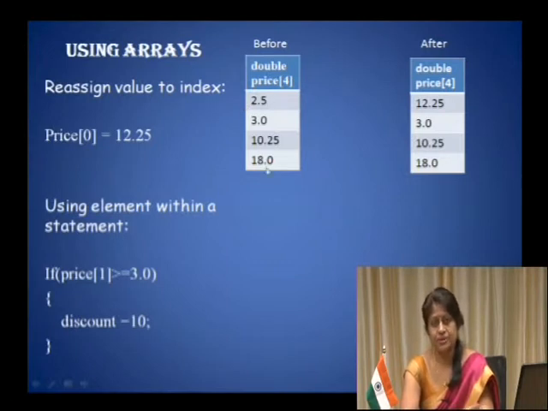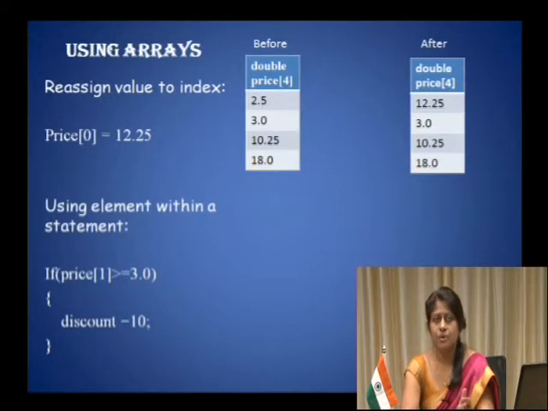Can we reassign the value? Yes, of course, we can reassign the value to the index. So, here in the example, you are saying price of 0 is equal to 12.25. What is price of 0 in this example? Price of 0 is equal to 2.5 because that is the first element of your array.